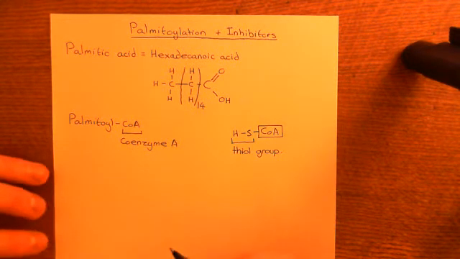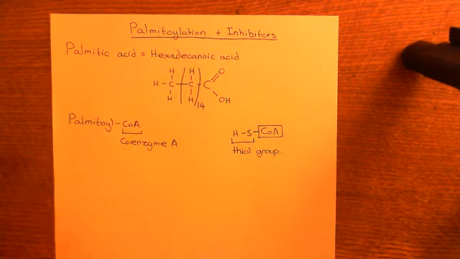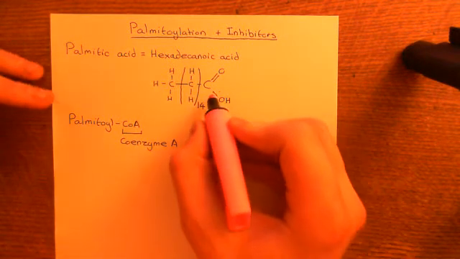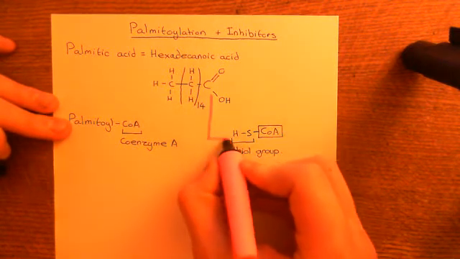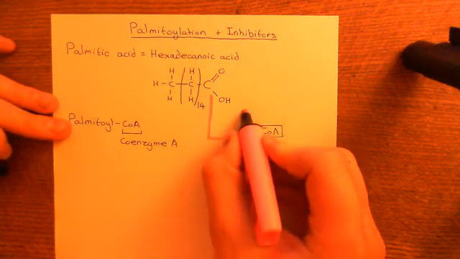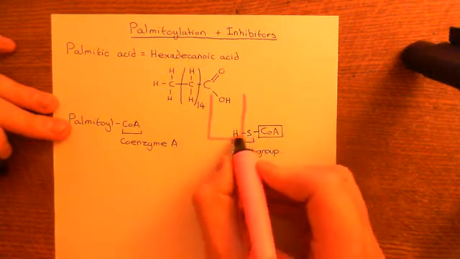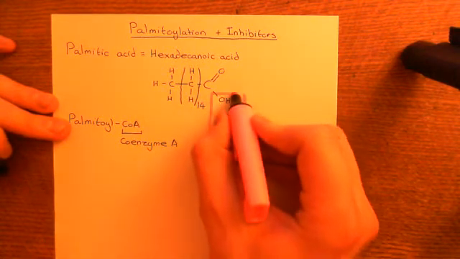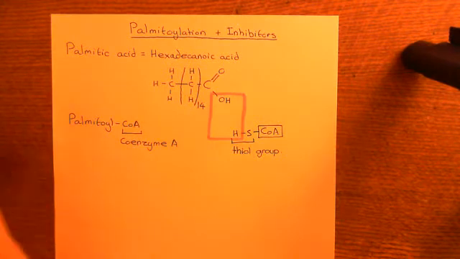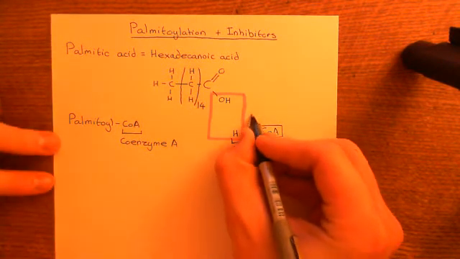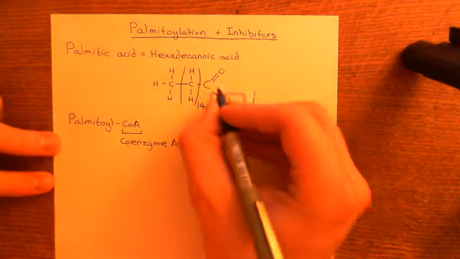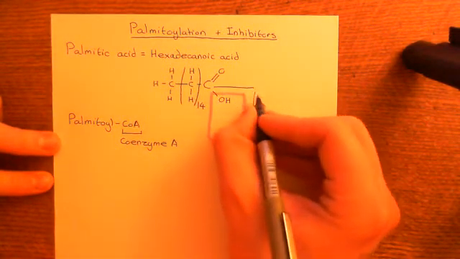You could take the hydroxyl group off the carboxylic acid group of the palmitic acid molecule, and take the hydrogen atom off what we're imagining is an alcohol group of the coenzyme A molecule. You could combine those two together to make water, and then bind this, what we're imagining is an oxygen, to the carbon of the carboxylic acid group.